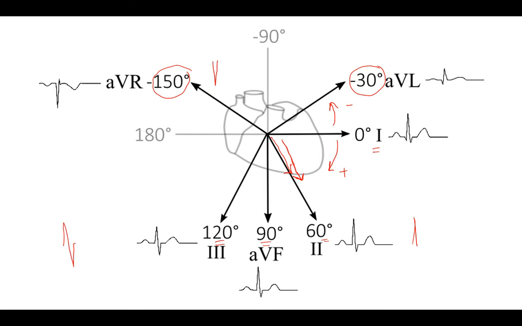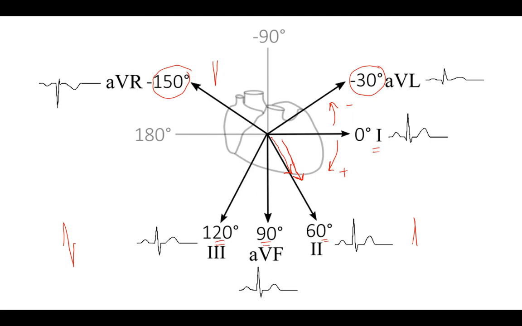So this is the purpose of the direction of a lead. Now we will discuss how the direction of an electrical vector matters to a lead. We'll come to it. Okay, so before that we will see the augmentation for a lead.